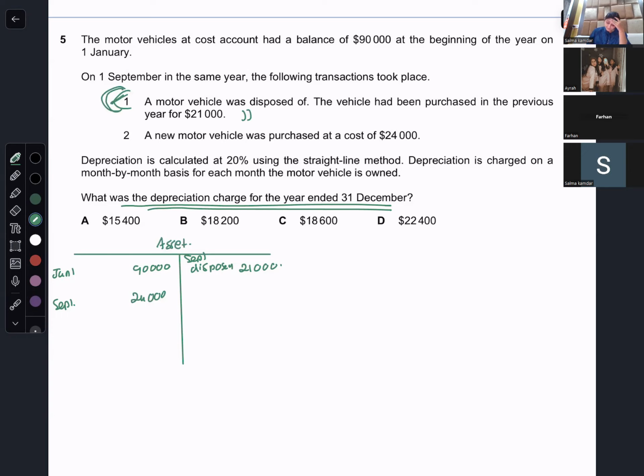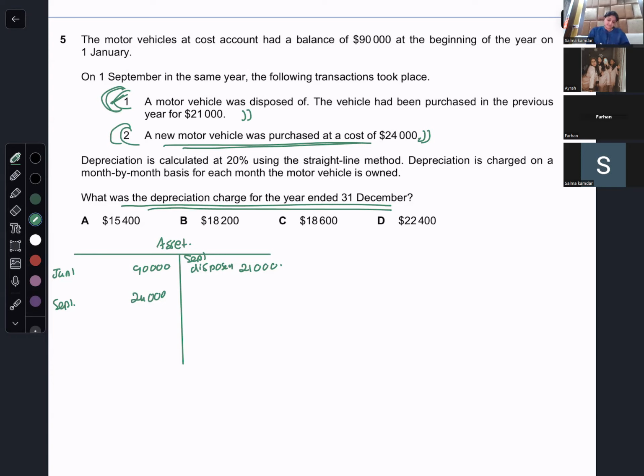You'll dispose it, you'll put it on the credit side, 21,000. What about this: a new motor vehicle was purchased at a cost of $24,000? It will be put on the debit side of the asset account.